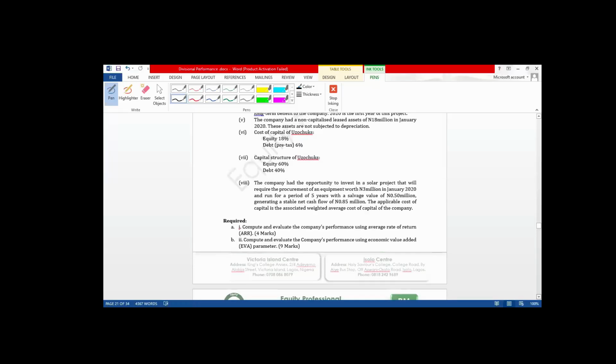Requirement A. Compute and evaluate the company's performance using average rate of return.